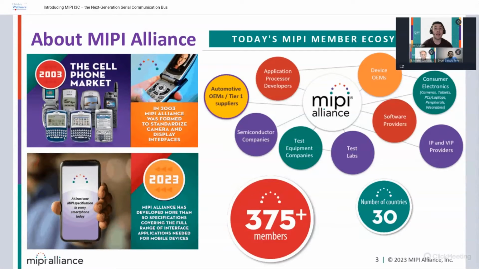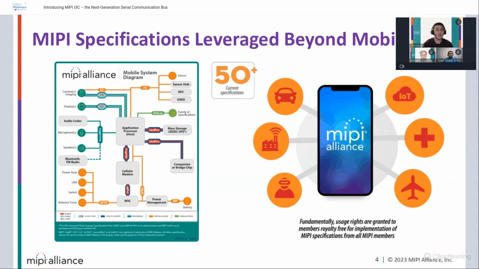So MIPI has grown since its initial inception, going after that mobile market. So beyond mobile, as I was saying, MIPI has really branched out.